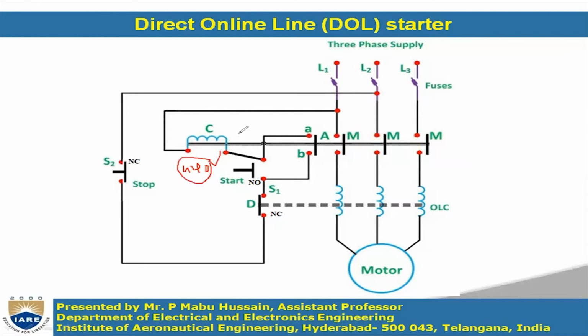This coil is connected between two line terminals here and here, through one stop push button, one contact for the overload release, and the start button. This start button is NO, and this overload release contact is NC, and the stop switch also is NC, normally closed. NC in the sense normally closed.